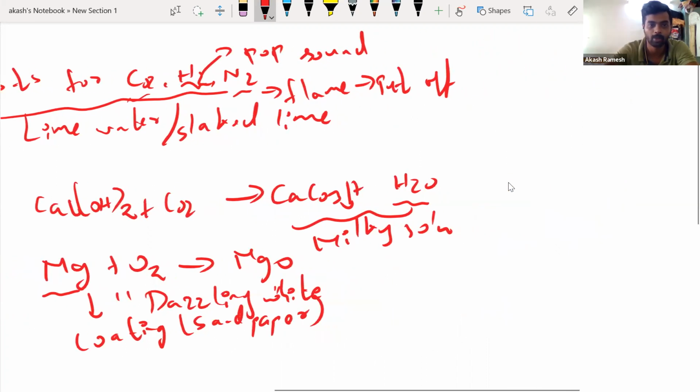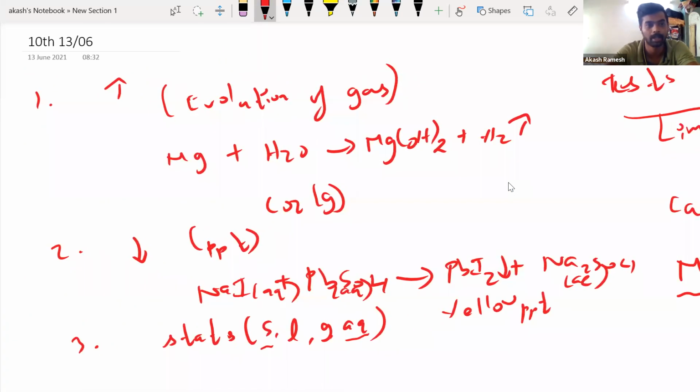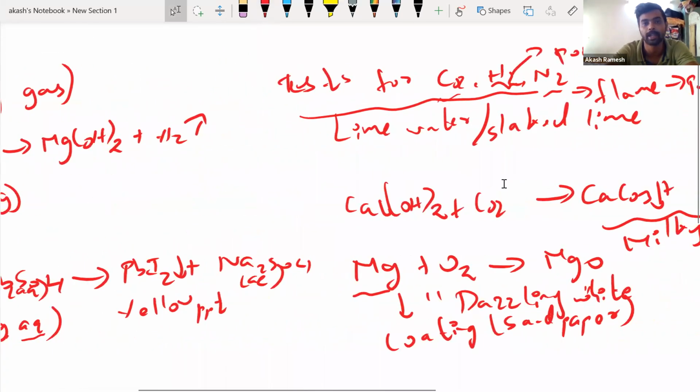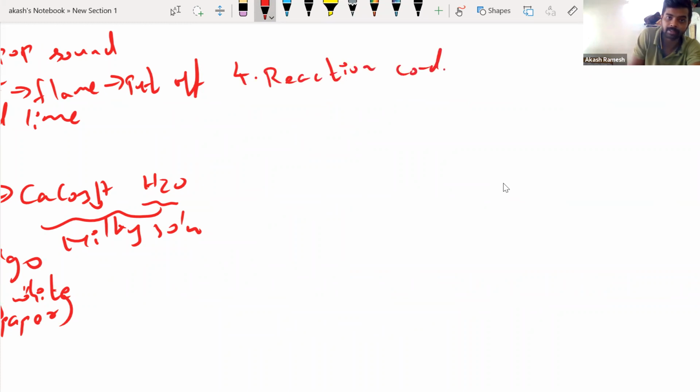We'll continue with the other stuff. Now you saw three things. What extra information can you give? The fourth one I'll keep: you can include the reaction conditions. We know that certain reactions happen at high temperature, certain at low temperature.